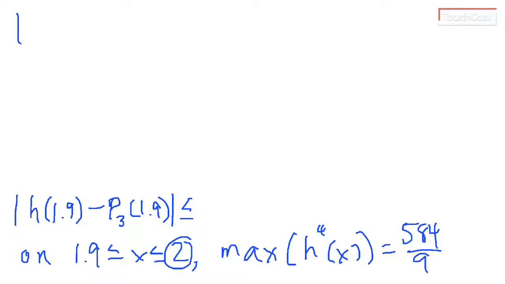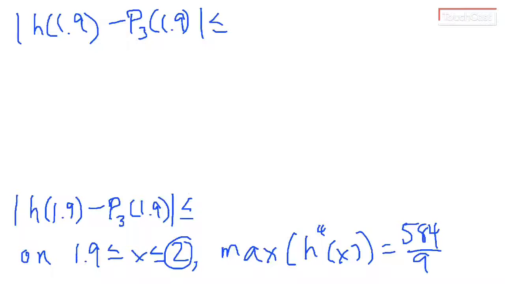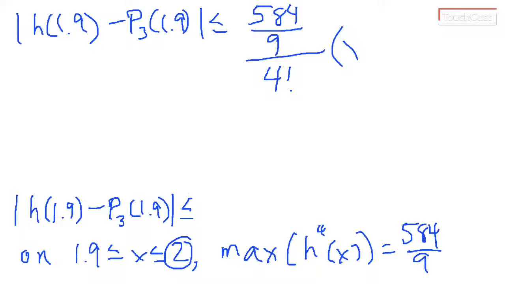I'm going to write the absolute value of the difference between the actual h of 1.9 and the answer I gave in Part B has to be less than or equal to, this is going to be capital M, I decided I'm going to use 584 ninths, divided by, n in this case was 3, so n plus 1 is 4 factorial, and this is x minus a, in this case 2, raised to the 4th power.